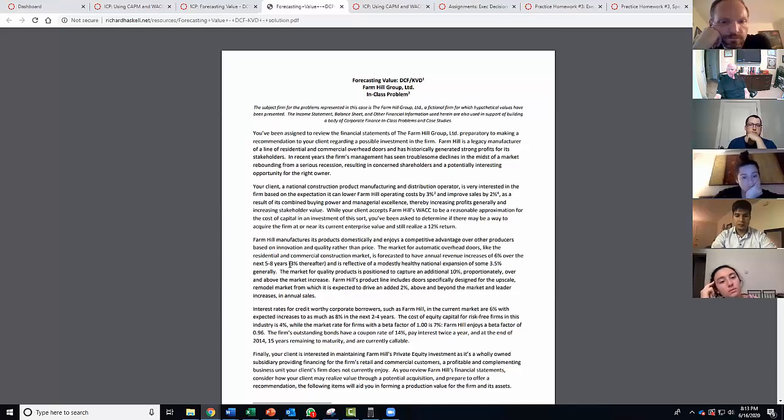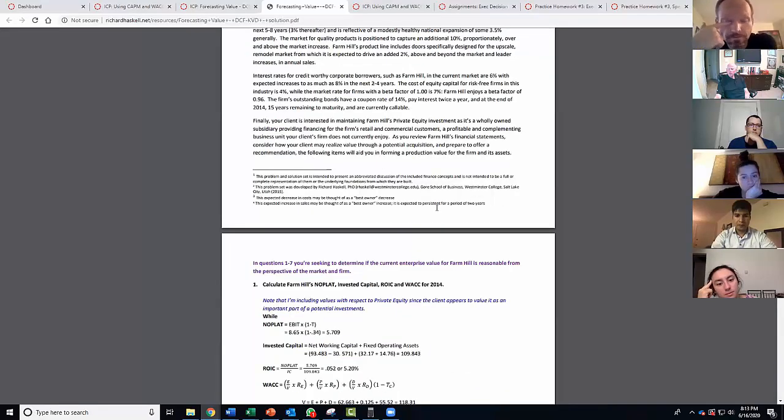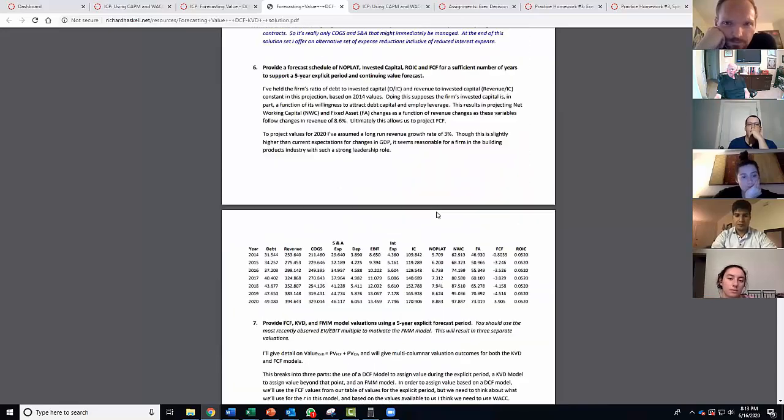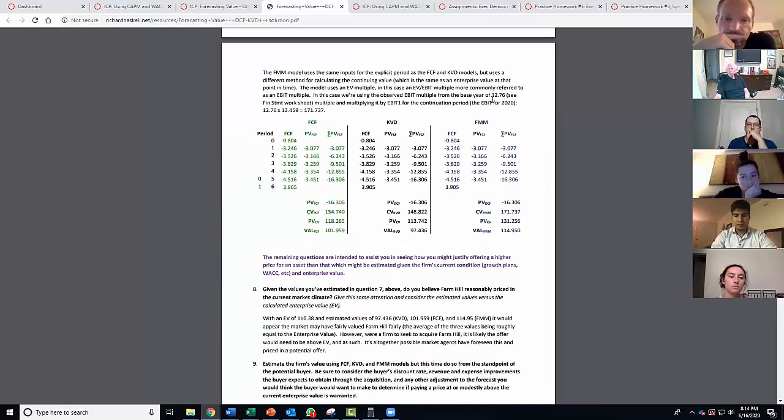We're given some dynamics of change. We're given some other costs. The only place we ever see a multiple come into play here is through the history of the company. We can calculate it. And notice here that I tell you that we calculated it from the base year, and we saw that EV/EBIT for the base year was 12.76. So if that's the only clue I've got, then I can use that, right? Because it's history at least.